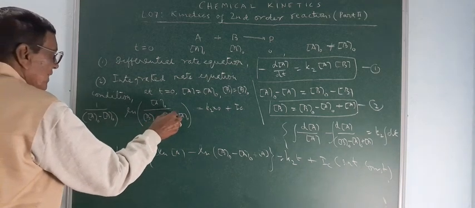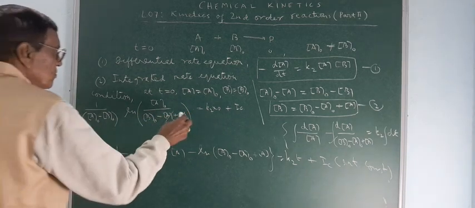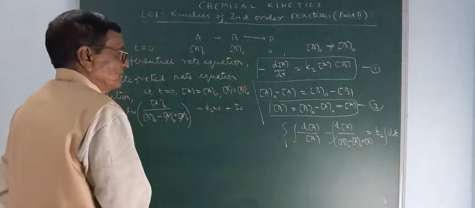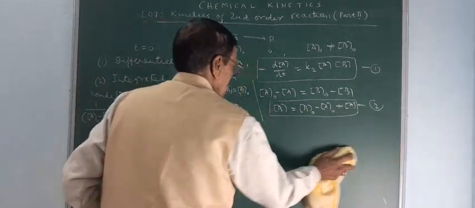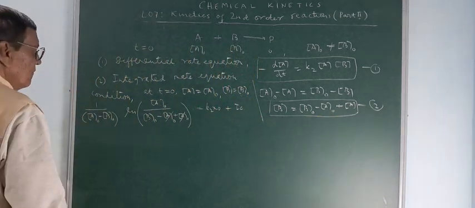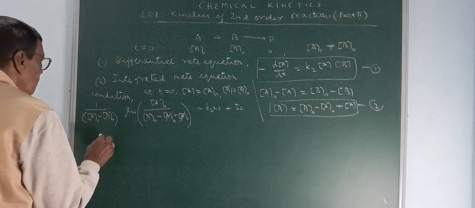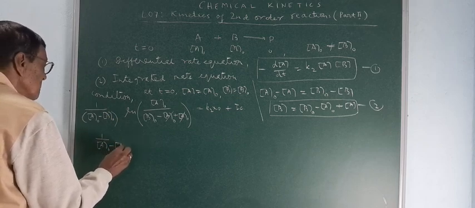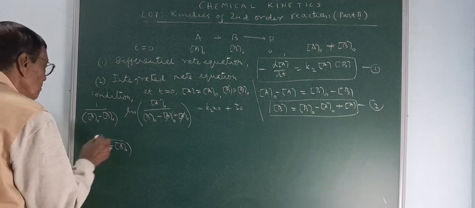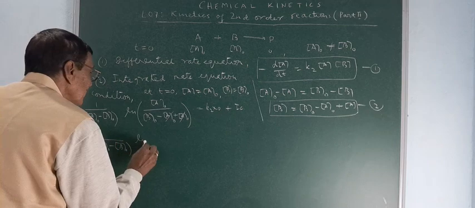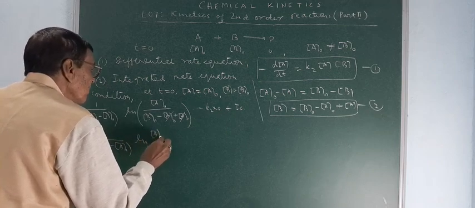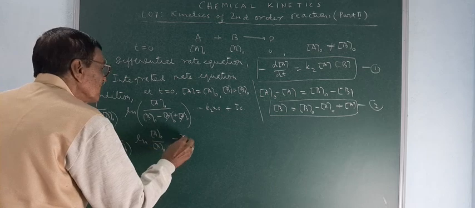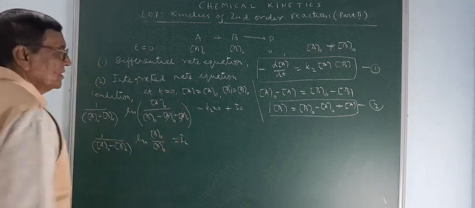So A naught cancels, and so the value of IC, 1 by (concentration of A naught minus concentration of B naught) within the bracket and ln concentration of A naught by concentration of B naught, equal to K2 into 0, equal to 0.